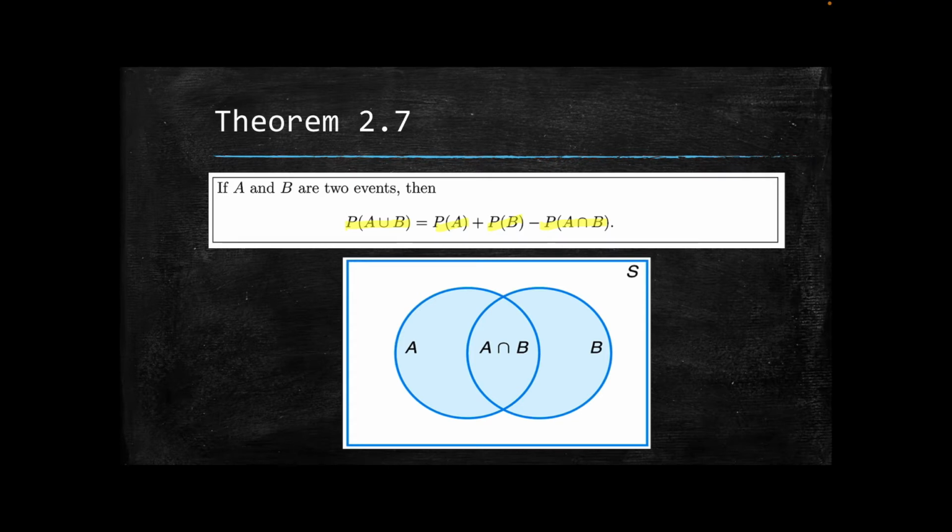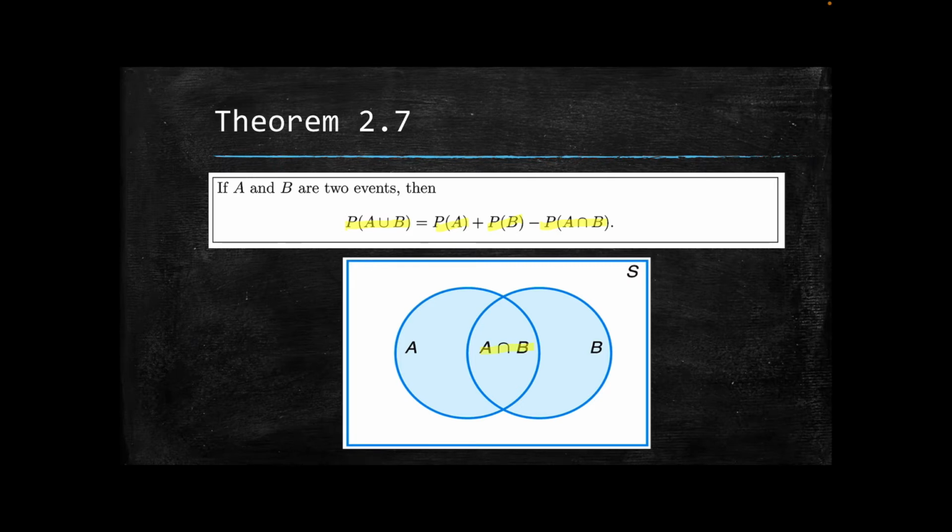Consider the Venn diagram here. P(A union B) is the sum of the probabilities of the sample points in A union B. Now, P(A) plus P(B) is the sum of all the probabilities in A plus the sum of all the probabilities in B. Therefore, we have added the probabilities in A intersection B twice.